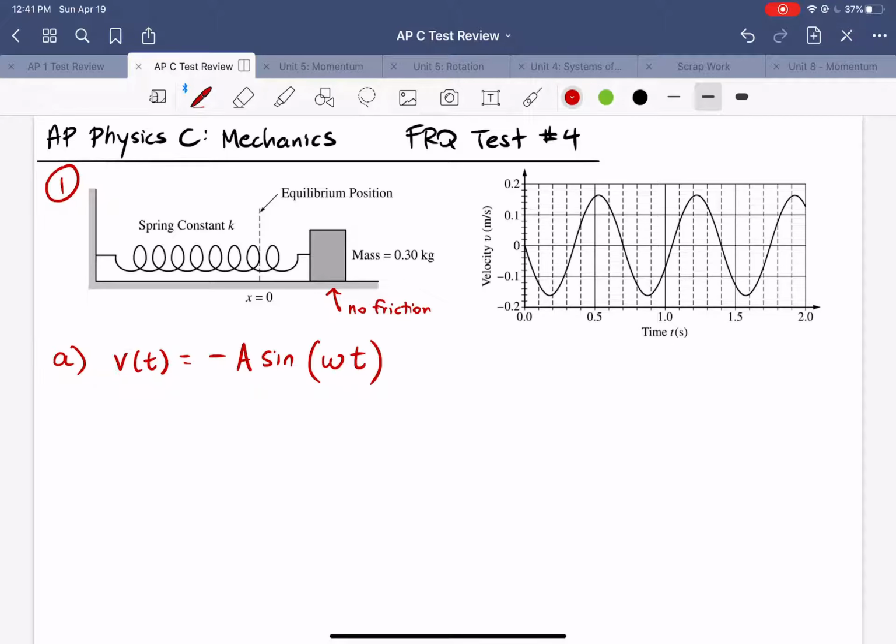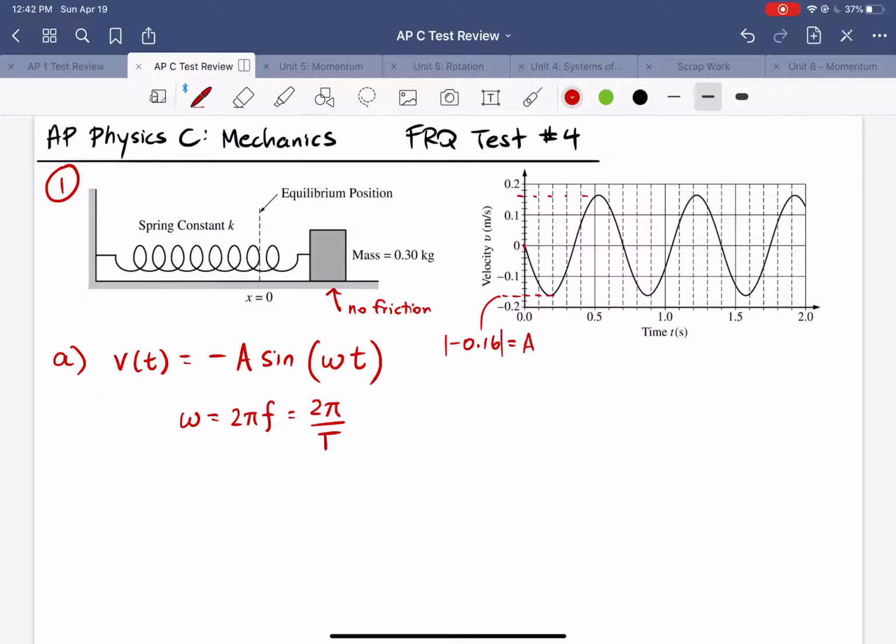A is just the amplitude of the graph. If I look here, that amplitude appears to be about 0.16 meters per second. So technically this would be minus A, and then this would be plus A at the other end. So we know A is 0.16 meters per second, so how do we find omega? Well, if you remember, the angular frequency is related to the frequency. It's 2 pi times f, which means it's also 2 pi divided by the period.